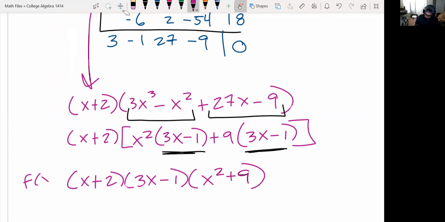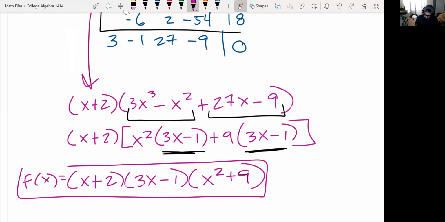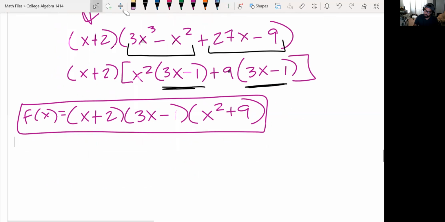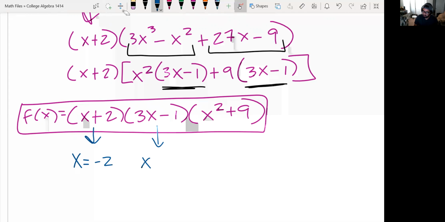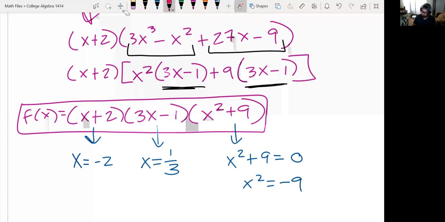So this would be f of x equals... we have found the zeros, and the first two are given. X equals -2, x equals 1/3. The next one, we have a little bit of work to do. X squared plus 9 equal to 0. X squared equals -9.